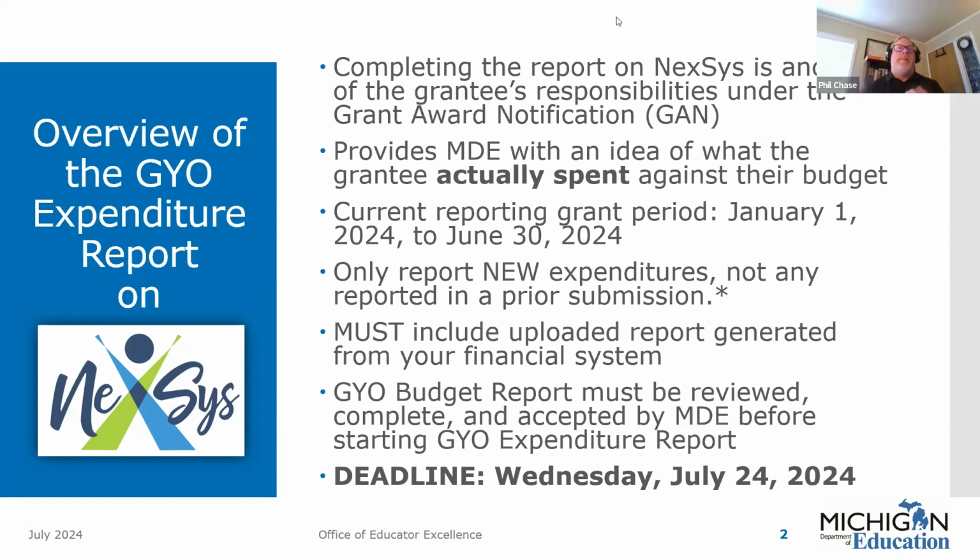So we want you to think about the current reporting grant period for the expenditure report as January 1, 2024 to June 30, 2024. Previously, we asked you for the grant period that ended on December 31, 2023. Now it's a new grant period for the expenditure report, and it goes to June 30, 2024. We are getting some questions about what happens if I make expenditures after June 30?